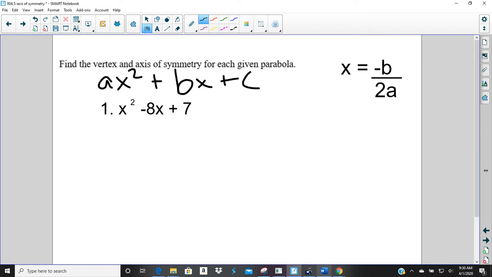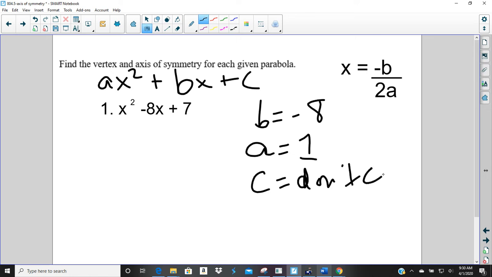So the b term in this case is going to be negative 8, and the a term in this case is going to be 1. We actually don't have to worry about the c term in this example because we don't need it. All I care about is the b term and the a term.